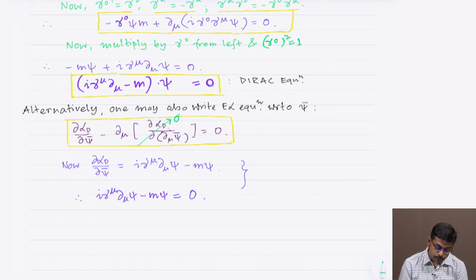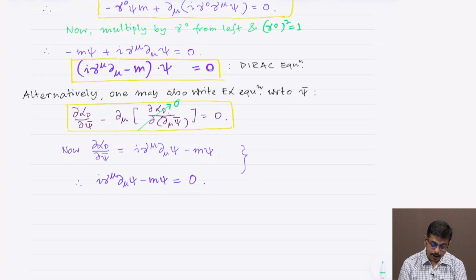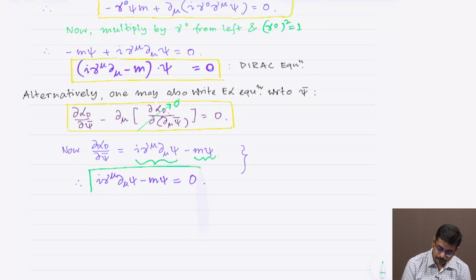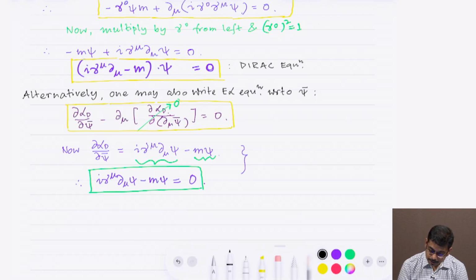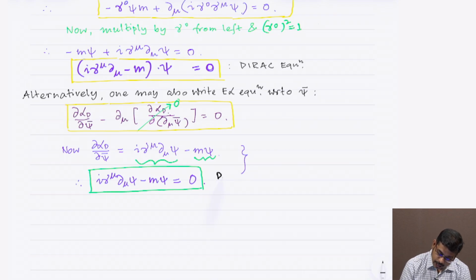And if you look at del L by del psi bar, this will have two terms: i gamma mu del mu psi and minus m psi. So del L by del psi bar equal to 0 gives you once again the Dirac equation.